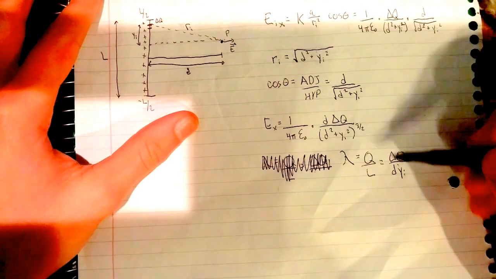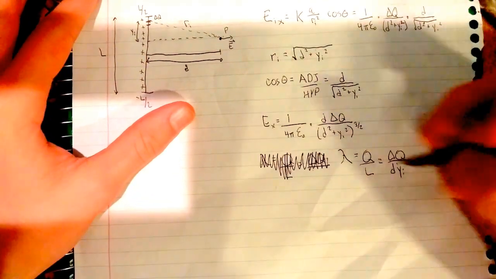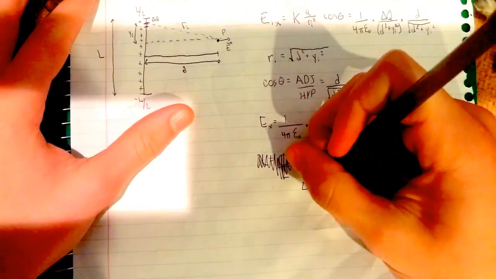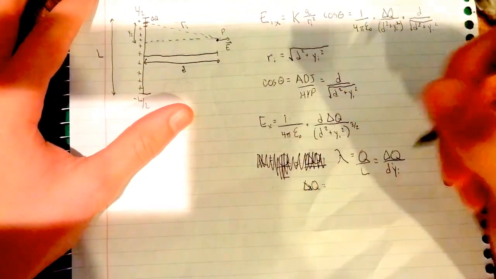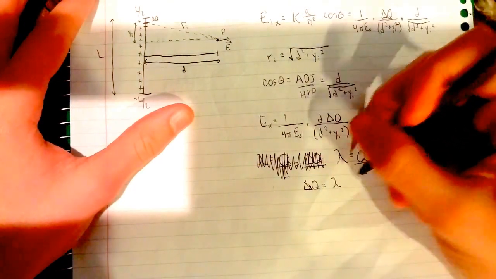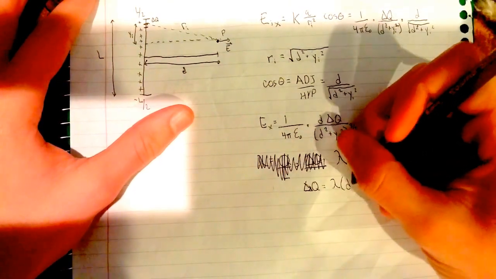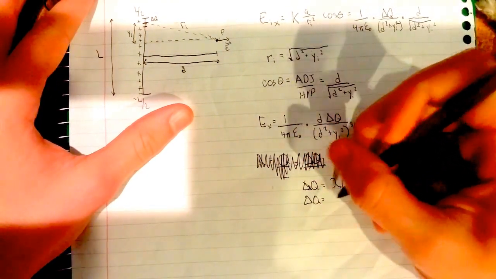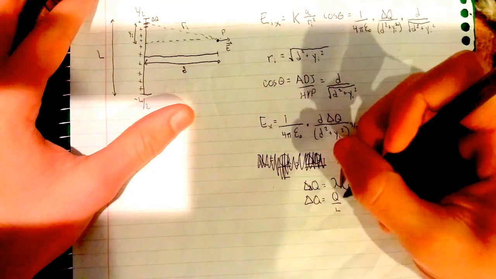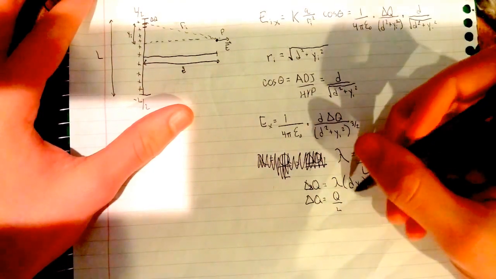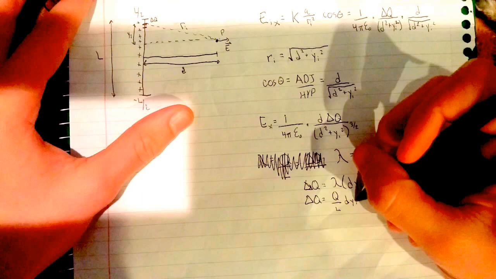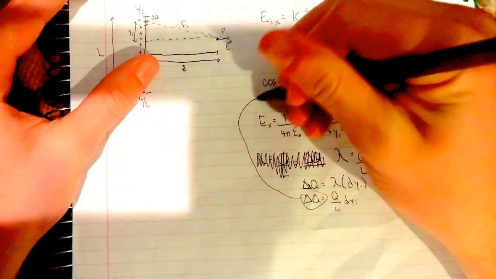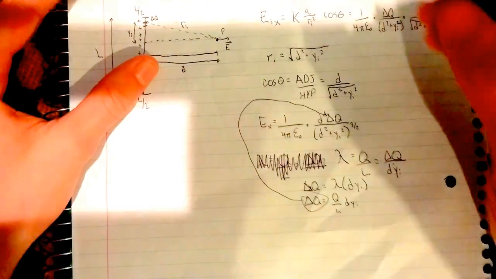And so we're going to be substituting this in for delta Q. So we get delta Q is equal to lambda times dy_i, which is also equal to Q over L times dy_i, because lambda is equal to Q over L here. And then this is going to go in for delta Q over here.